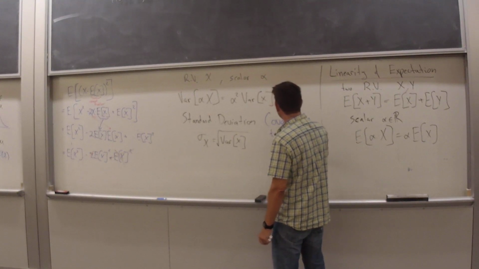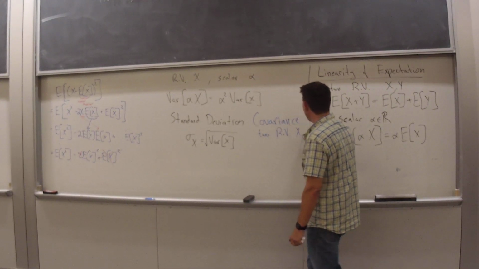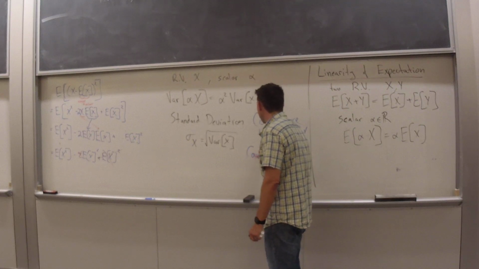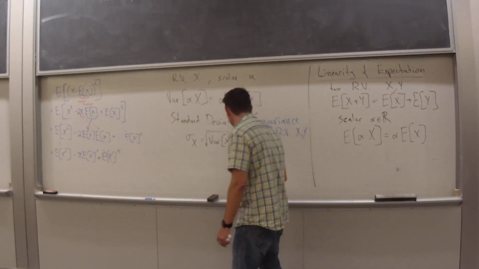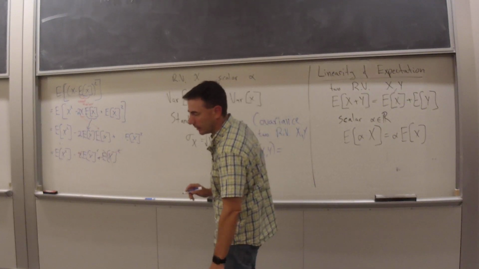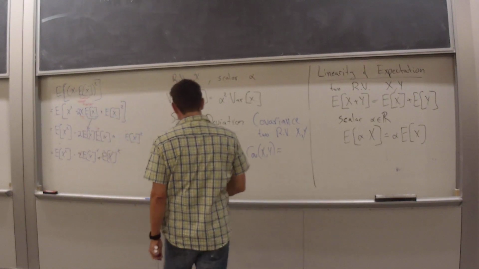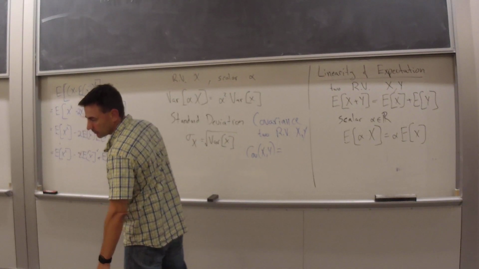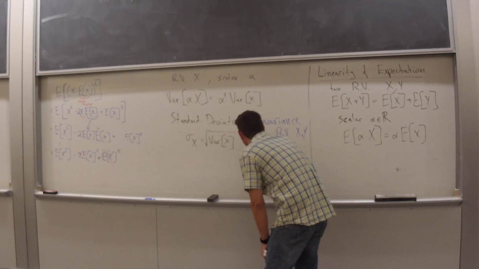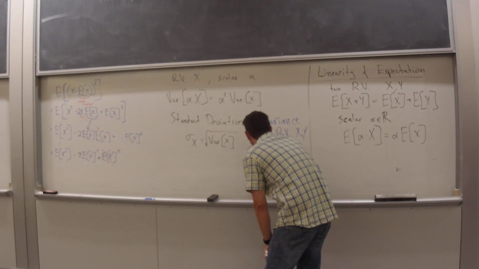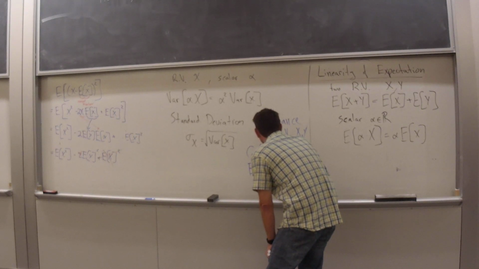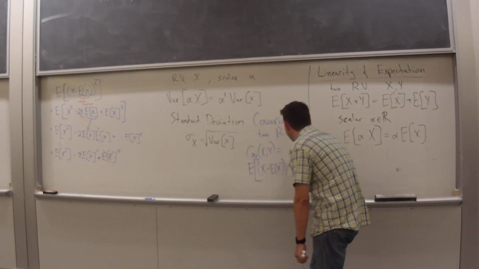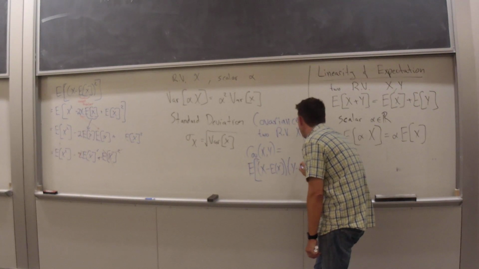I have two random variables, x and y, and the covariance of x and y is going to be equal to the expectation of x minus the expected value of x, times y minus the expected value of y.